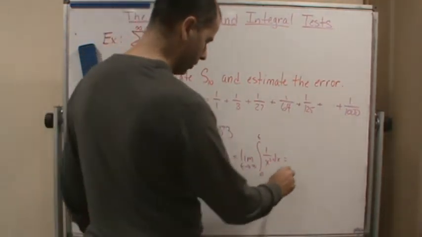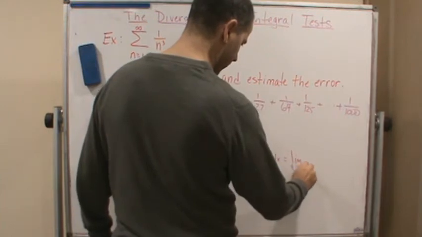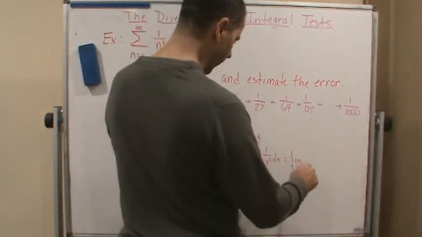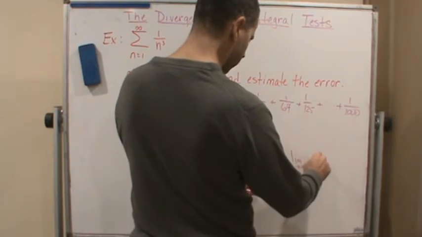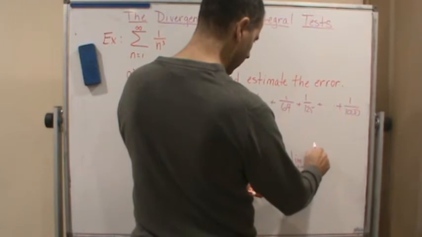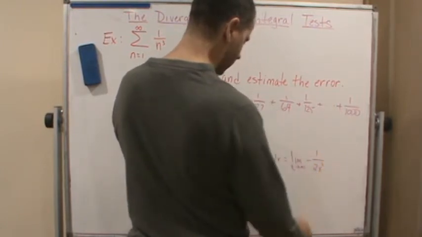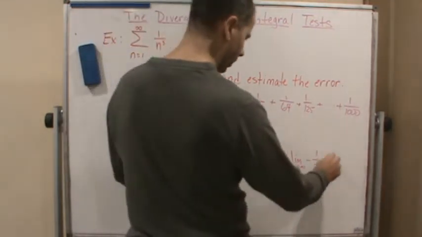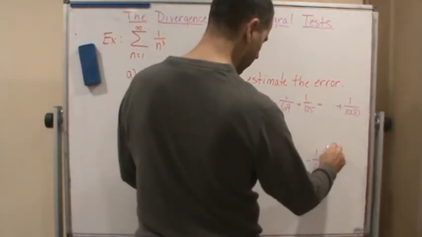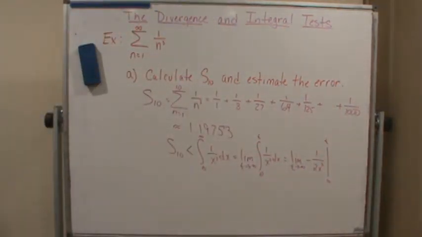And of course, this is going to equal the limit as t approaches infinity of negative 1 over 2x squared, evaluated from 10 to t. Now we're going to evaluate this.